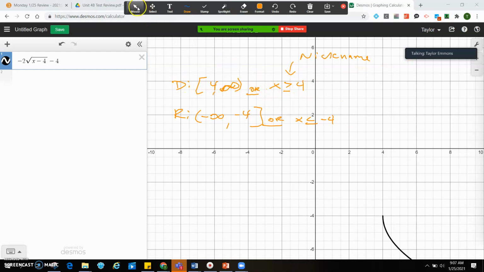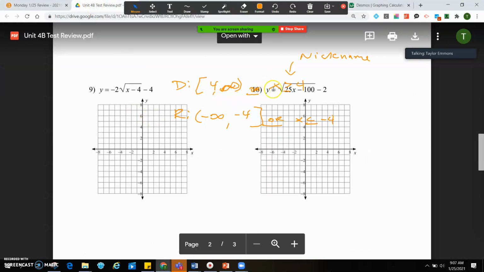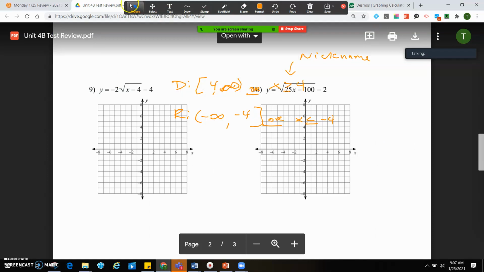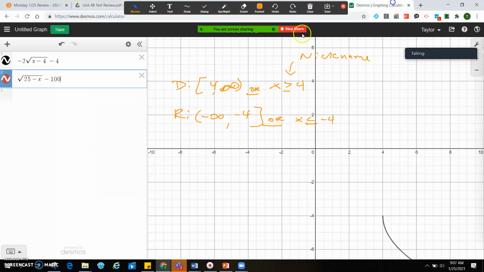Going back to that other problem, we've got the square root of 25x minus 100, minus 2. So we've got the square root of 25x minus 100, minus 2.